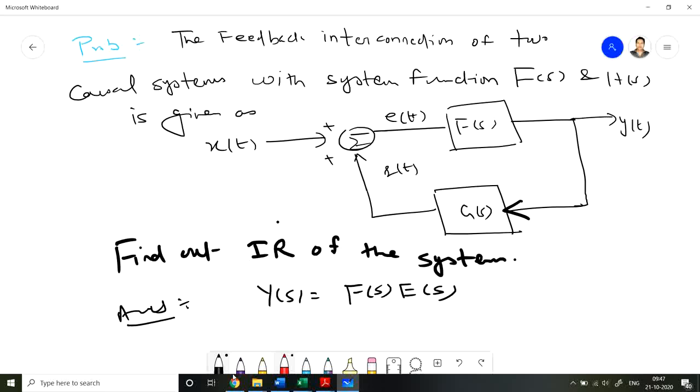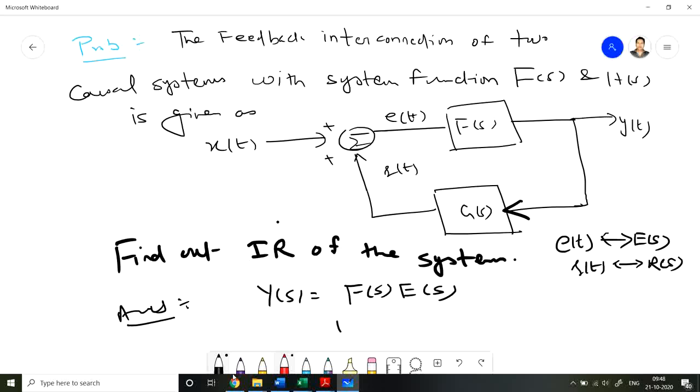And if we observe, what is E(s)? The Laplace transform of e(t) is E(s), and the Laplace transform of r(t) is R(s).